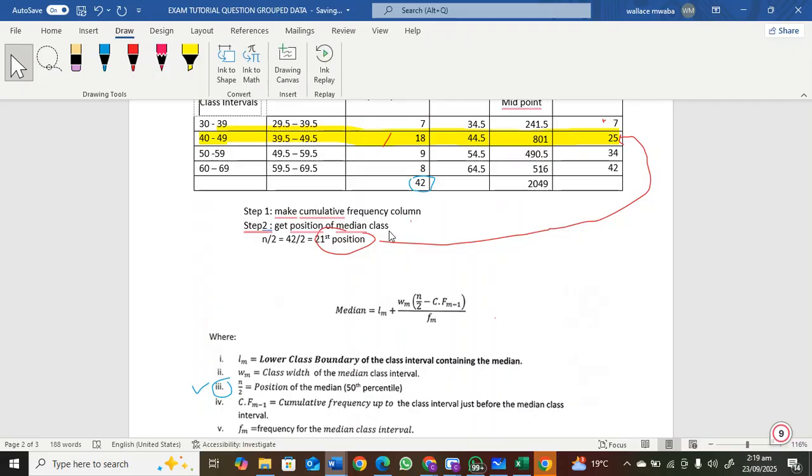So lower limit, lower class boundary, LM. Our lower class boundary is 39.5. We're going to say equals 39.5.